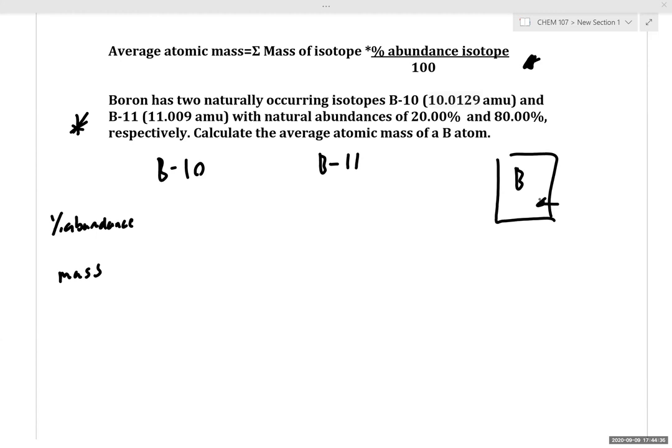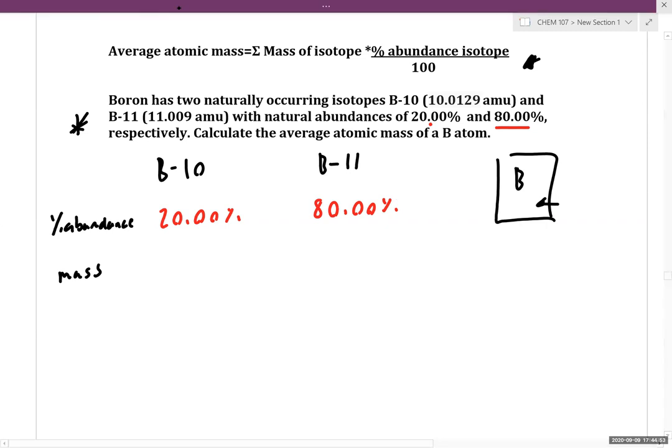So reading off the percent abundance, and since this is the first example that we're doing on our own, we'll stick to the color coding. The percent abundance of boron 10 was 20.00%. Boron 11 was 80.00%.